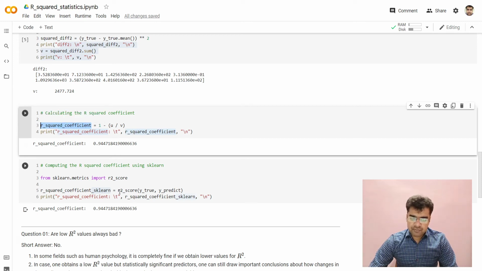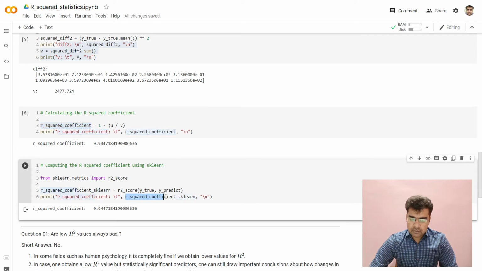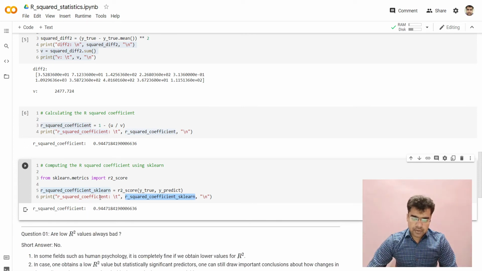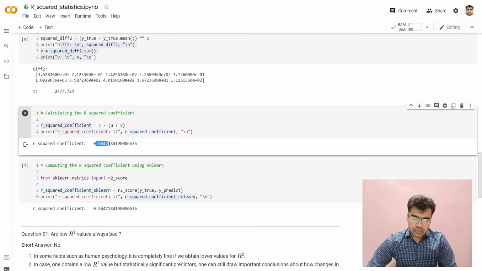Finally I will be printing the value for R squared coefficient sklearn because it is computed using the R2 score utility which is already available in the sklearn package. Once I run this cell, what I obtain is the same value for the R squared coefficient that I had obtained in the previous stage. You remember that when implementing from scratch, the R squared coefficient was equal to 0.9447.